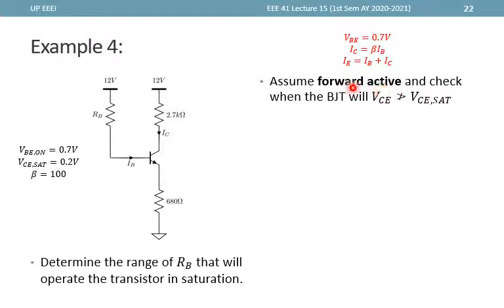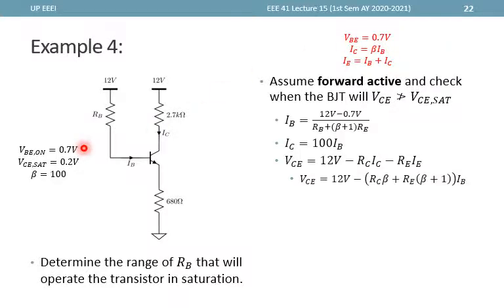So we can assume that it is in the forward active and check when the condition will not be met. Since we are assuming forward active, we can use IC equal to beta IB, and VBE is exactly equal to VBE on, which is given to be 0.7. And so proceeding, IB is equal to the current through this resistor.